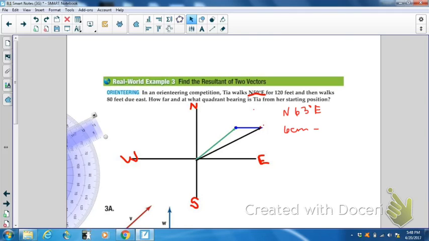But I already said that 1 centimeter is equivalent to 40 feet. So we want to determine then how much that's going to be. So it looks like the x, that would be 6 times 40, which is 240 feet. So she's 240 feet from her initial position, and her quadrant bearing is north 63 degrees east.